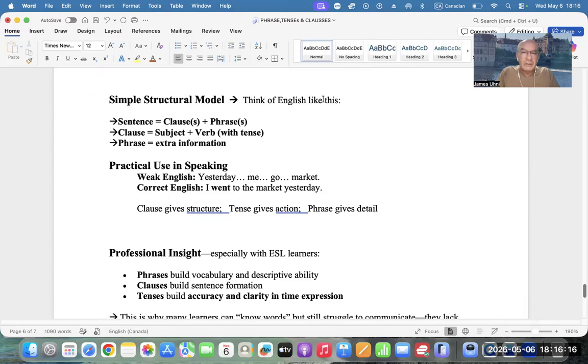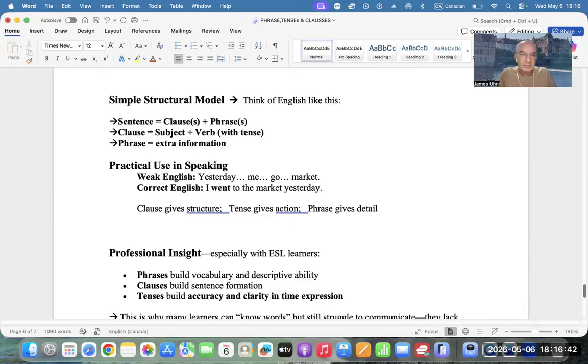Think of English like this. A sentence is clause plus phrase. Clause is subject plus verb in the same tense, okay? And phrase is extra information.